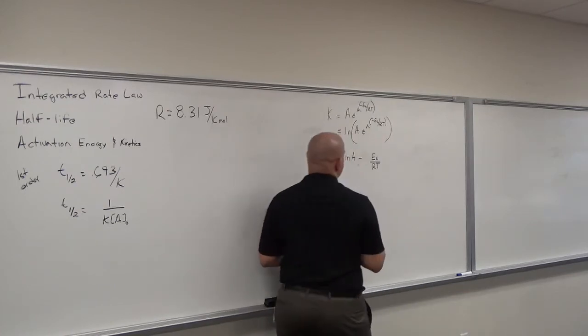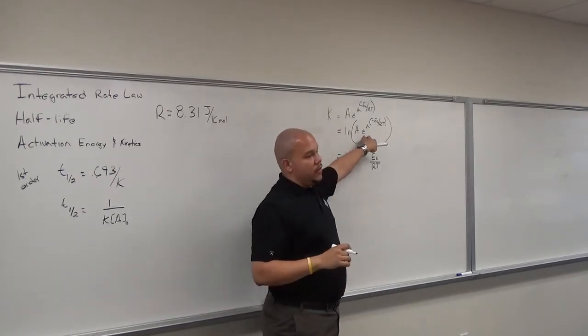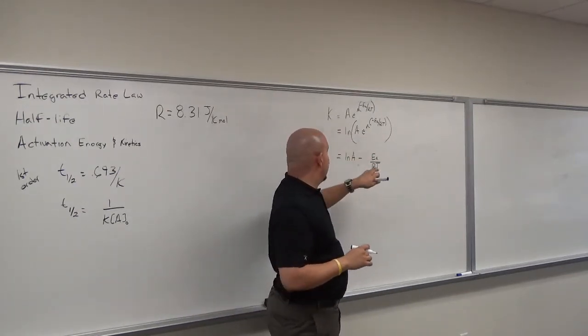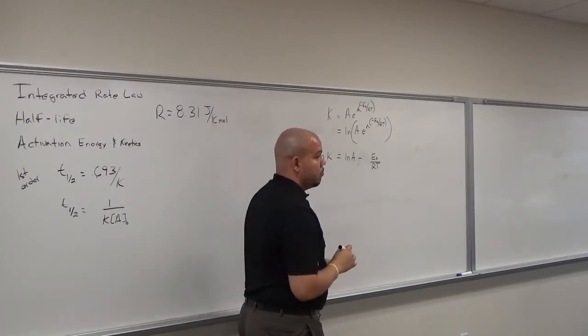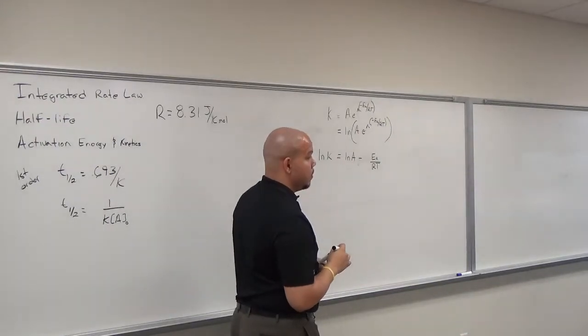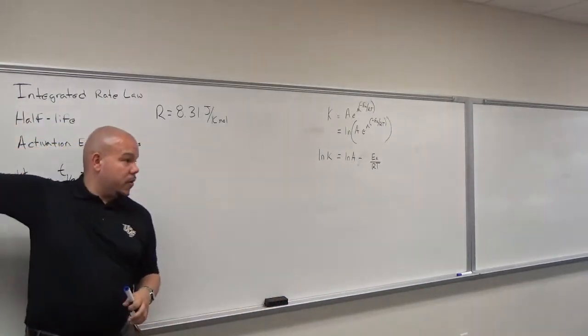Natural log gets rid of the exponent. On the other side, we end up with ln of K. So that's where this equation comes from.